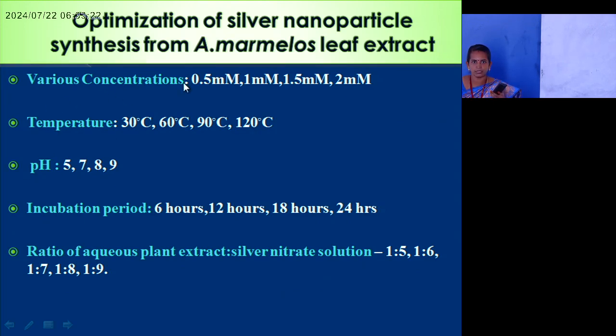After adding the two solutions, we incubate at 30 degrees C, 60 degrees C, 90 degrees C and 120 degrees C. Then we check the pH of the solution: 5, 7, 8, 9. Then we incubate the two solutions after addition for 6 hours, 12 hours, 18 hours and 24 hours. The ratio of plant extract to silver nitrate solution is also monitored in the nanoparticle synthesis.